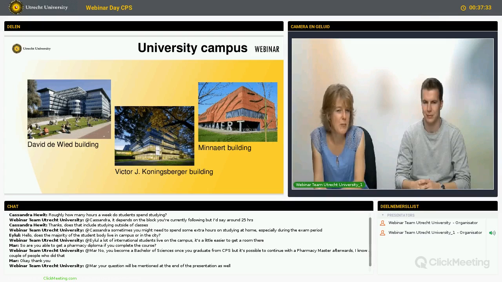The practicals most likely are in the building in the middle, the Victor Konings building. Actually, when you're studying, all the buildings are abbreviated, right? Yeah. You'll say KGB, DDW, except for the Minnaert. That's Min. Even that's Min, where you also have a lot of tutorials and group lectures. So nice buildings, actually.